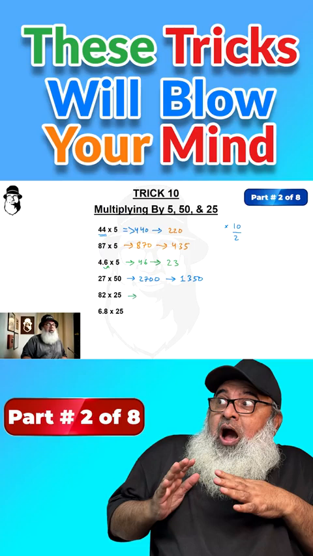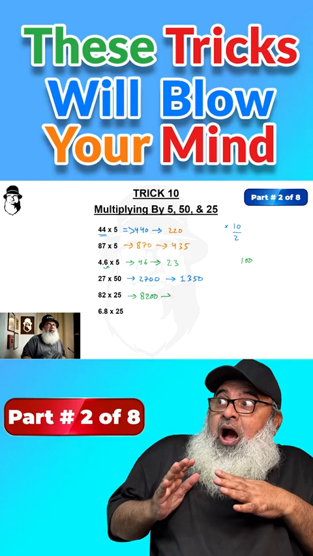And here 25 is what? 100 divided by 4, I can say. But actually the easier method is we multiply the number that is being multiplied by 25 by 100 and do half twice. So that's easier. 8200, right?